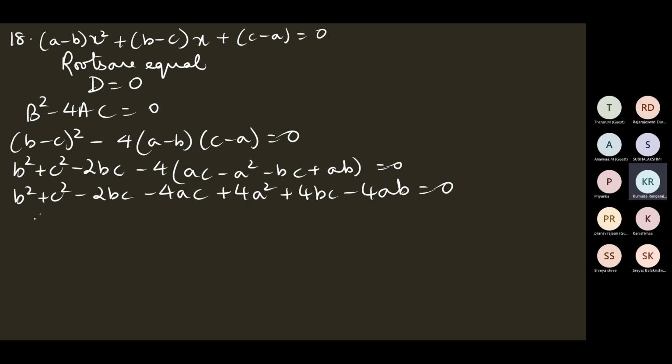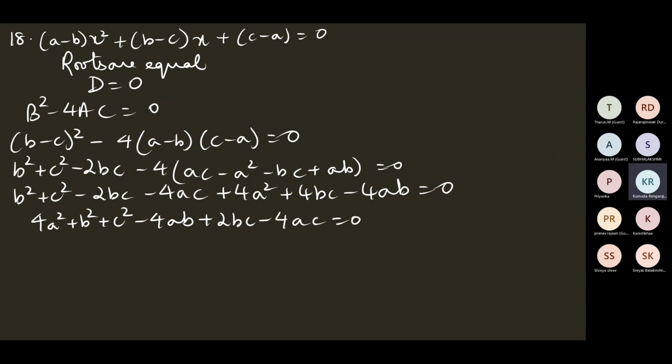So we'll arrange it now. So 4A square plus B square plus C square. Then AB minus 4AB. Then BC, we have 2 BC terms. So plus 4 BC minus 2 BC will be plus 2 BC. So 4A square plus B square plus C square, AB and BC terms simplified, and then minus 4AC is equal to 0.